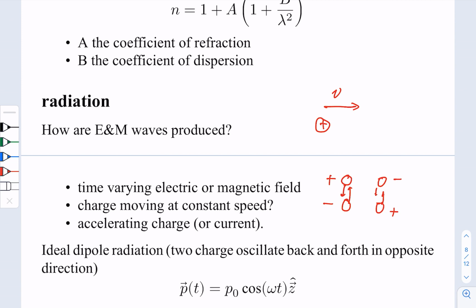And this will be a dipole with an alternating sign, which can be expressed as p as a function of time, with a dipole moment p naught times the time-varying oscillation cosine omega t. Of course, it's along one of the axes because the dipole has a fixed direction. So this kind of radiation is called ideal dipole radiation.